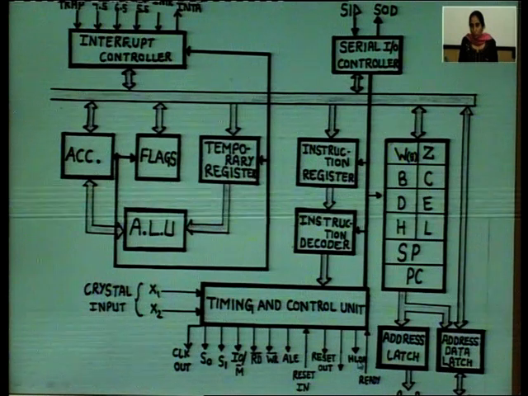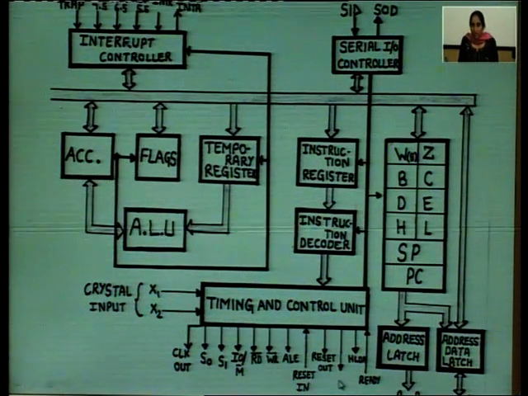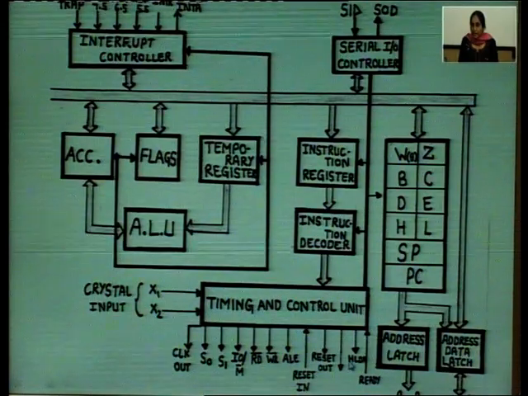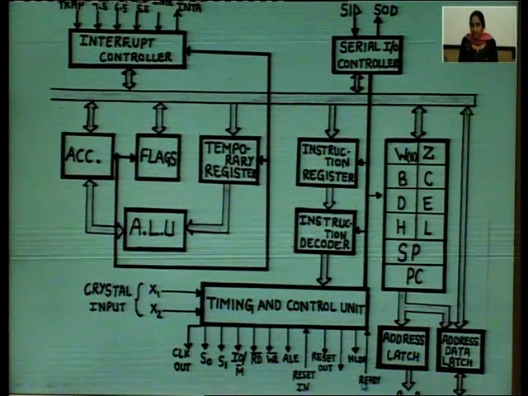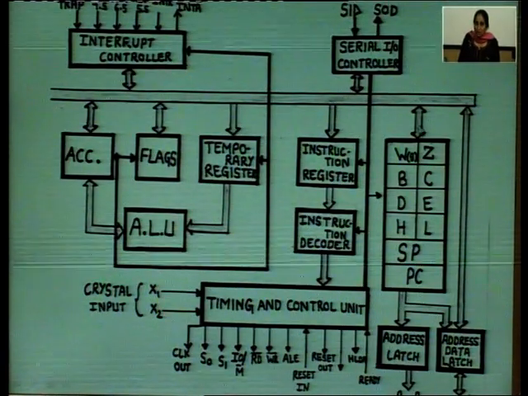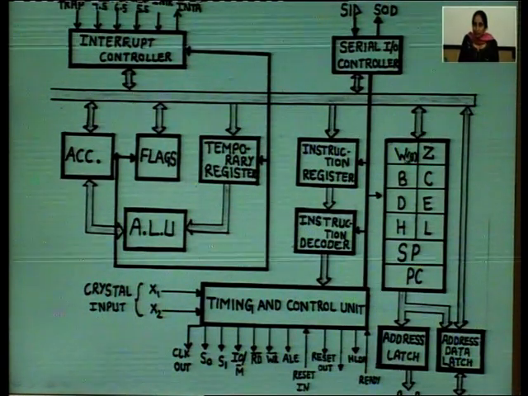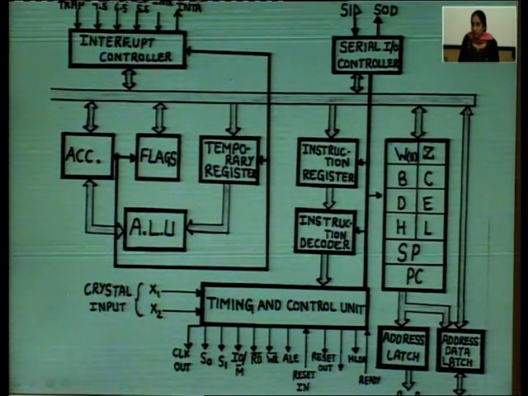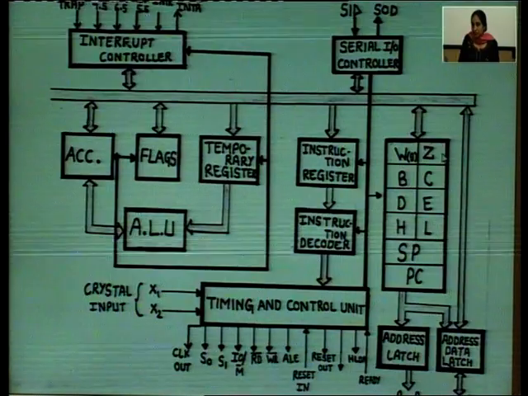Then we have hold and hold acknowledge pins. These are used with DMA requests. Then we have a ready signal. Here we have the general purpose registers W and Z. These are temporary storage registers.